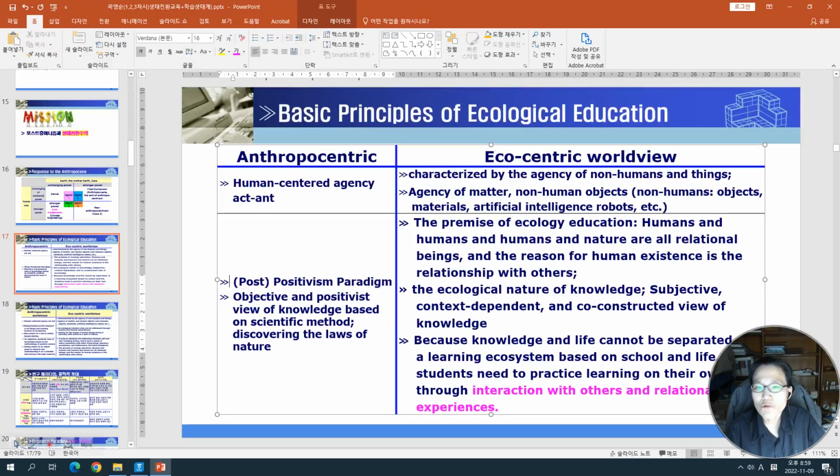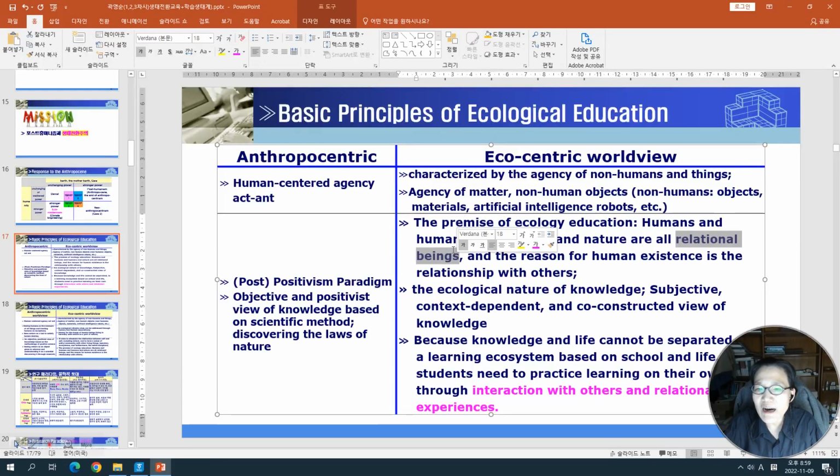So when you talk about an ecocentric worldview or post-humanism, they include non-humans as well as objects as agency. Okay, so one premise of ecological education is that humans and non-humans, and humans and nature, are all relational beings, which means we are all related.